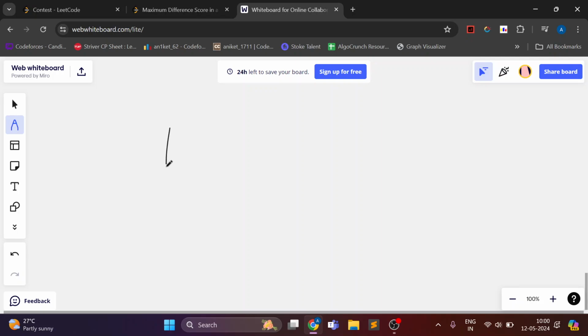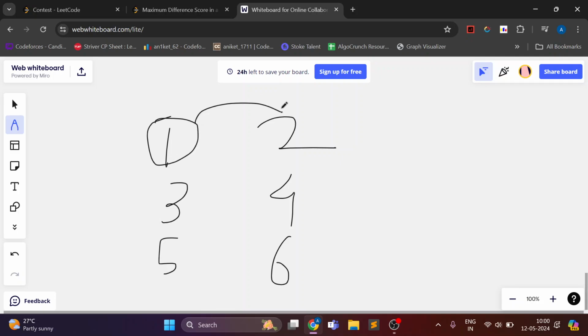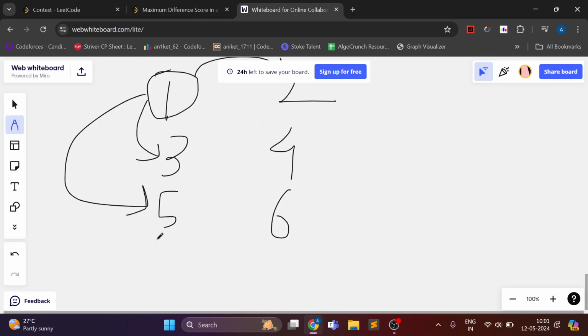So let's say I have this matrix 5 4 6. If I start from this, I can move to this 2 or this 3 or this 5. So it is not necessary to move adjacent to the bottom, you can move to any cell in the bottom.